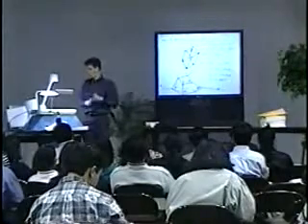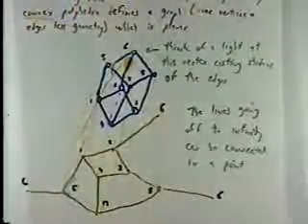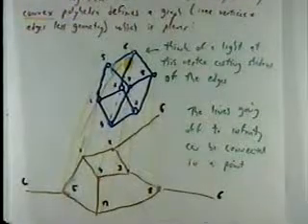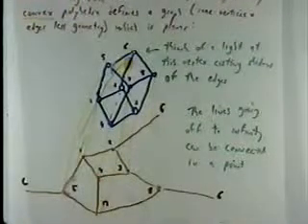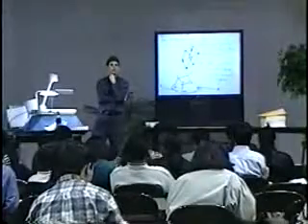And what's important is that it's convex. Can anyone think why that would be?